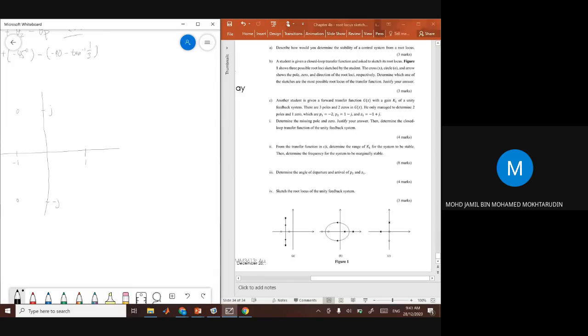And another pole here. Okay, so this angle earlier was about 90 degrees, I think. Okay, so the breakaway and the jw axis crossing is somewhere here, 1.8.